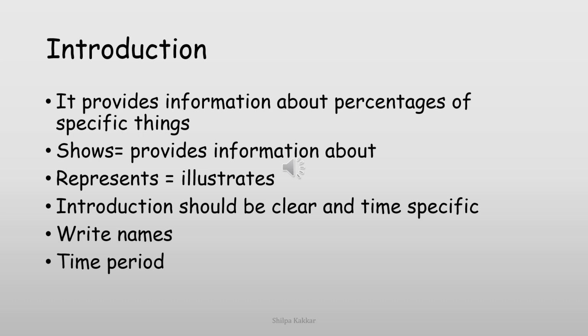Sometimes you may use provides information about. You can use, at the time of examples, illustrates, represents. This gives a tinge to your expression. The introduction should be clear and time specific. Write down the names in the introduction and do not forget, if it is given, the time period of the chart.